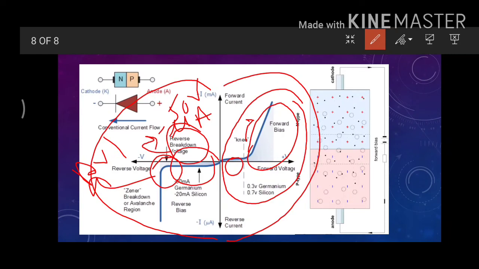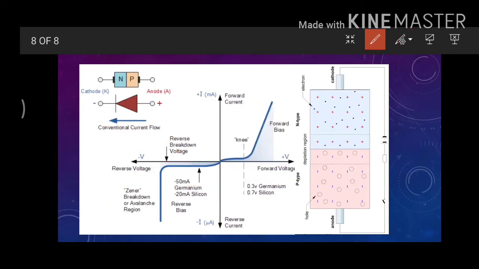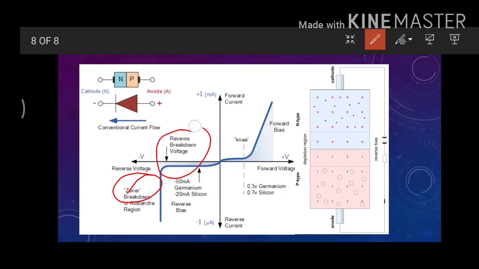But this breakdown region is used intentionally to create a special purpose diode, which is the Zener diode. We dope the semiconductor with a quite specific amount of doping, in such a way that we can control the reverse breakdown.